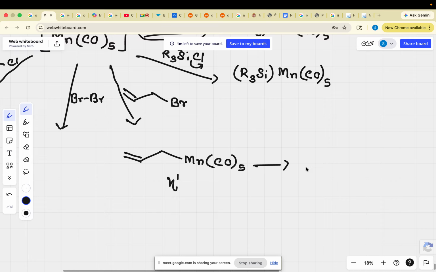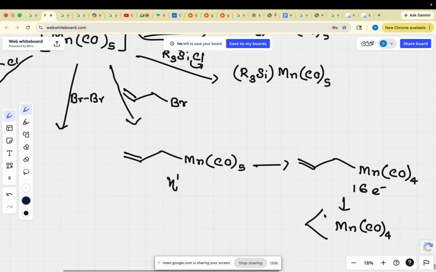One of the carbonyls will leave from here, by a dissociative mechanism. So you will get eta 3, manganese CO whole 4. Here you are getting 16 electrons, and then you will get 18 electrons.